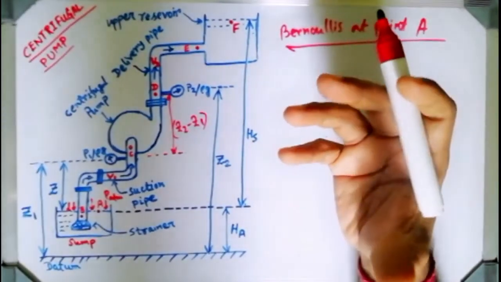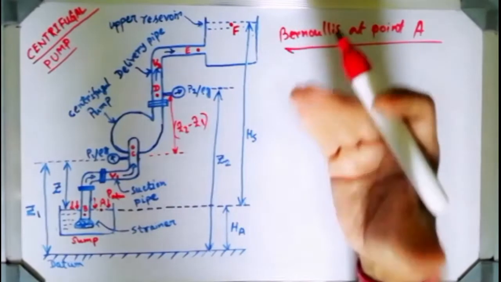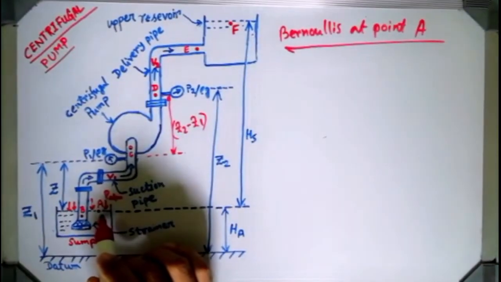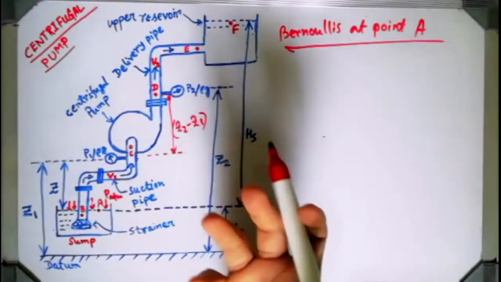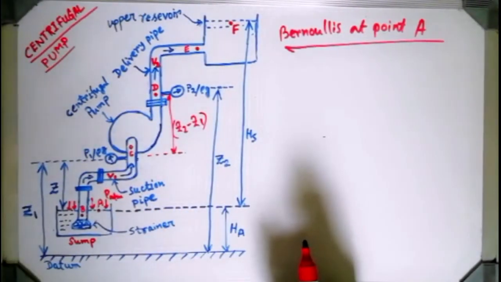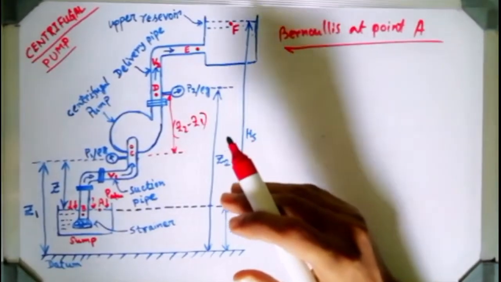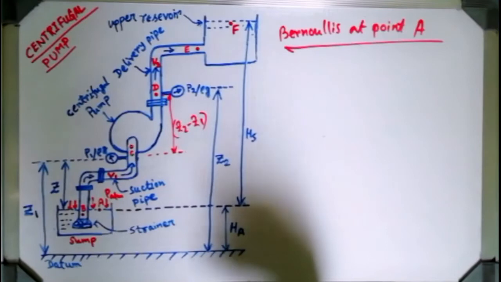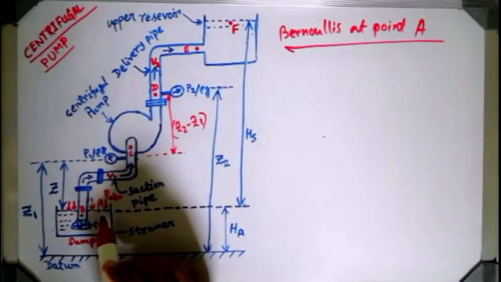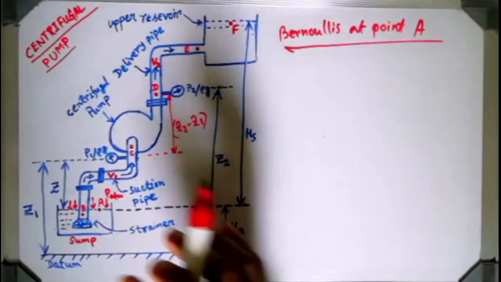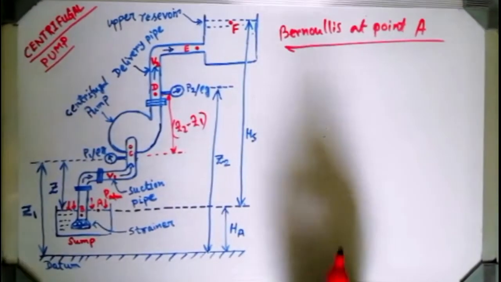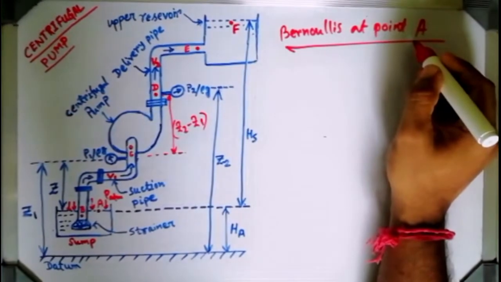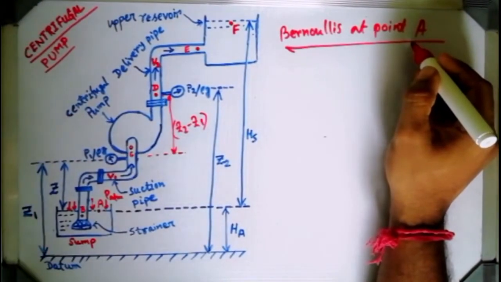Because I am doing all this with respect to gauge pressure. If only atmospheric pressure is acting, then gauge pressure is nothing but zero, isn't it? Because gauge pressure is either more than the atmospheric pressure or less than the atmospheric pressure. But here at point A, only the atmospheric pressure is acting. Then we can consider the gauge pressure acting at point A to be zero.